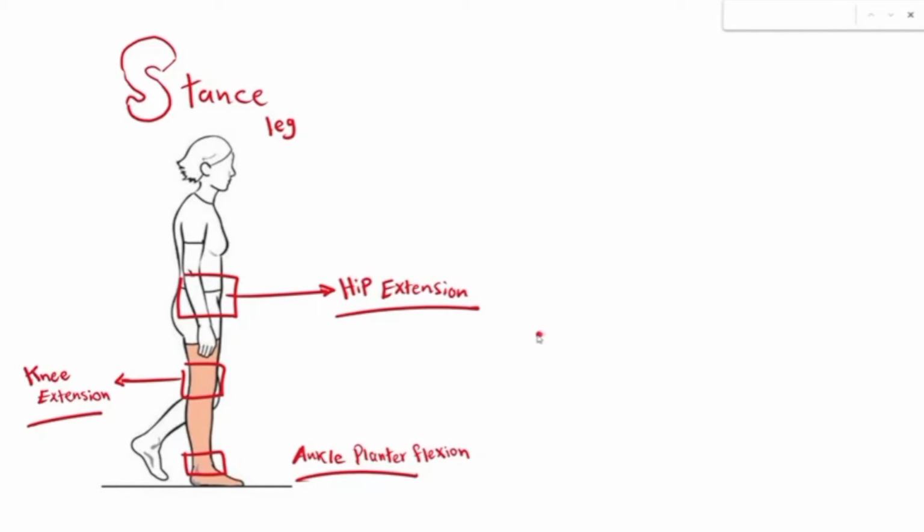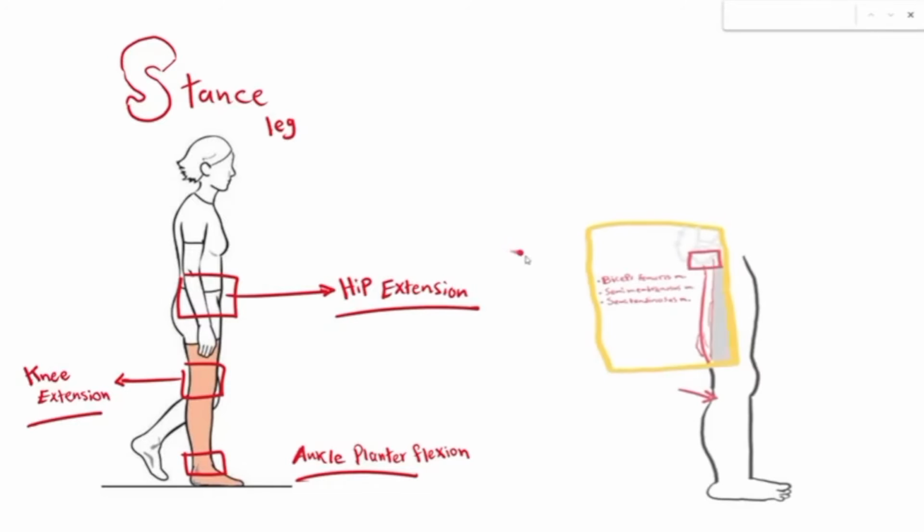Another component is the hip extension. The hip extension is produced by 2 muscles: the gluteus maximus and the hamstrings. But more commonly, the hamstrings are affected, or they get weak. We can see there the iliotibial tract and some of the hamstrings, like the biceps femoris, semimembranosus, and semitendinosus muscles.